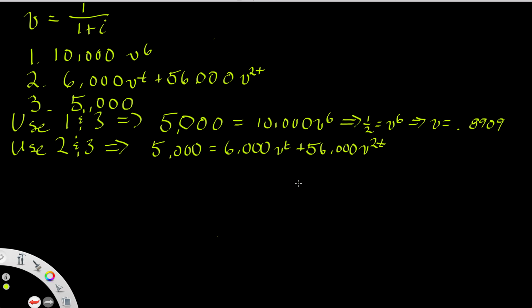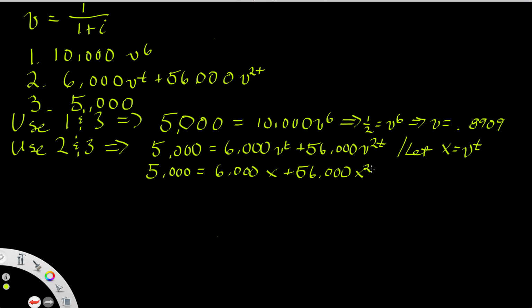Now, it may not be apparent here, but there's a quadratic equation hidden here. If we let x be equal to nu to the t, the quadratic will come right out at us. We'll rewrite this: 5,000 equals 6,000 x plus 56,000 x squared.